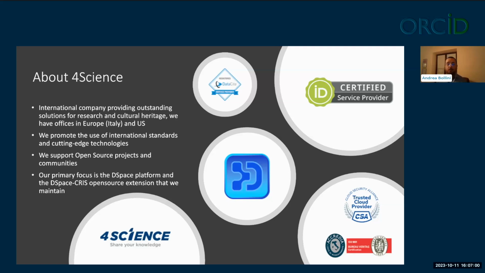We promote the use of international standards and cutting-edge technology. International standard and open source, open standard is the most important thing and is the mission of 4Science. In all the projects that we conduct, we focus on open source technology and open standards.